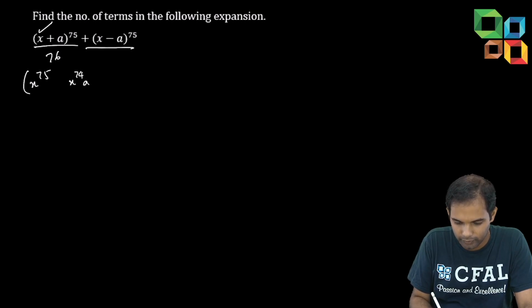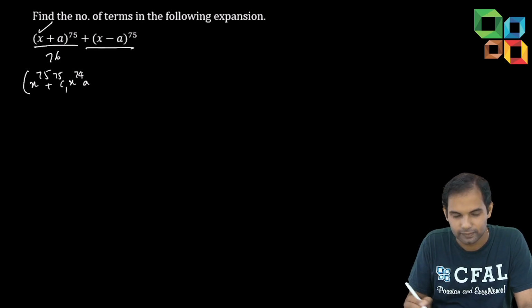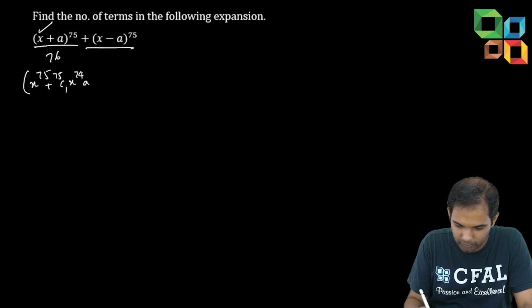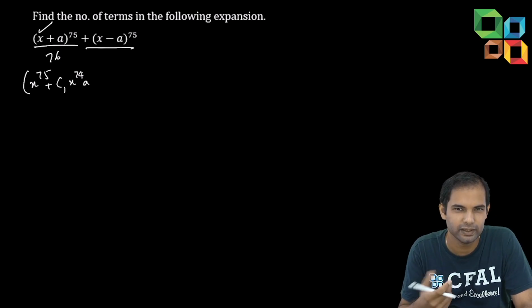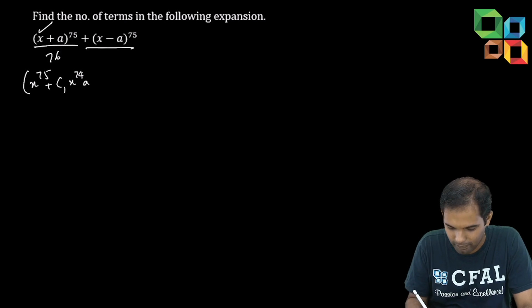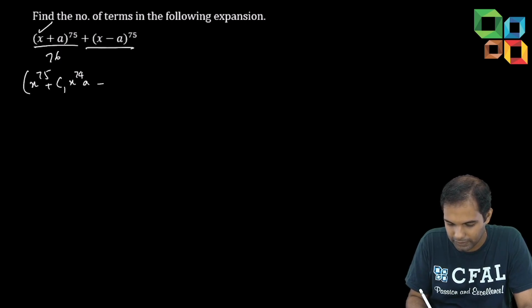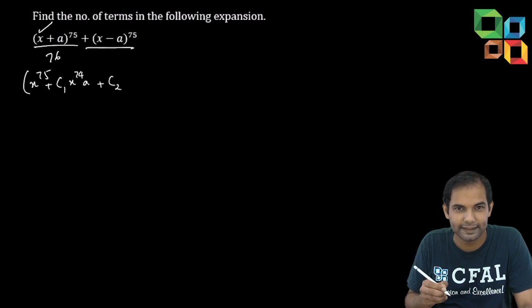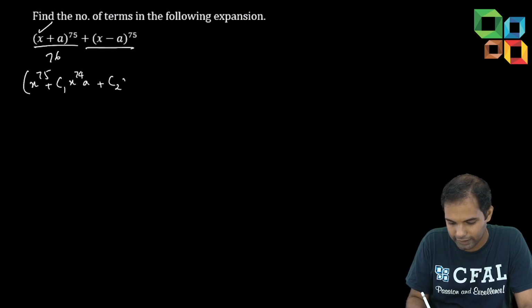If you want, let us write the binomial coefficient, so it is 75C1. To make it easier, instead of writing 75, I'll simply write C1. You know n is 75, so we can assume n is 75. Next it will be plus C2, and whenever I write C2, it means 75C2. So x power 73 into a square, and so on. It ends with a power 75.